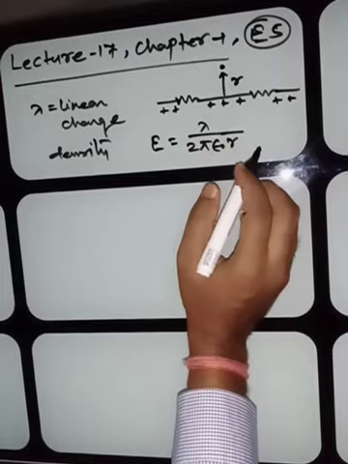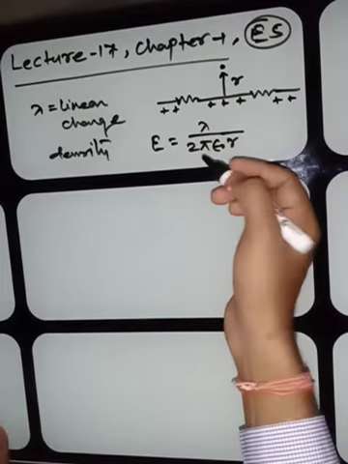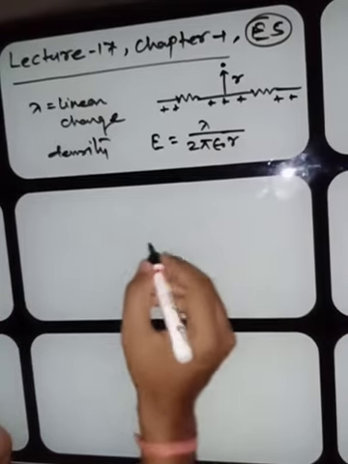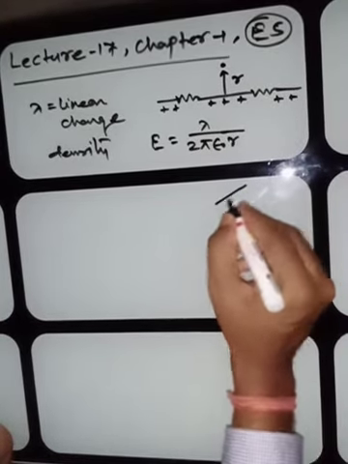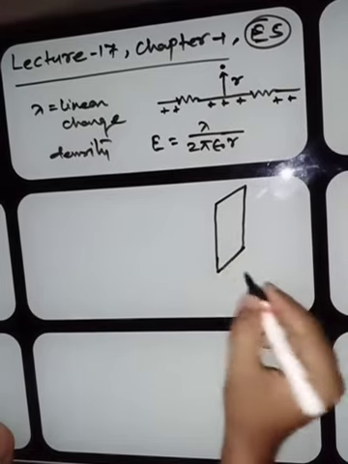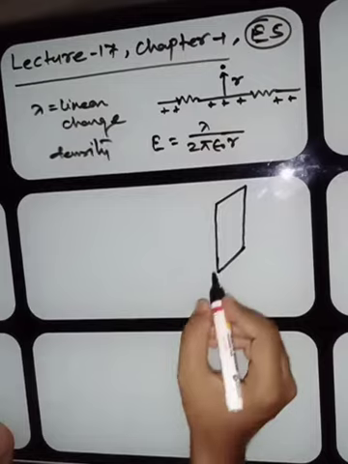Another formula we derived, which we will use in the next chapter for capacitance also, is for a thin sheet. Here I am drawing the two-dimensional diagram.